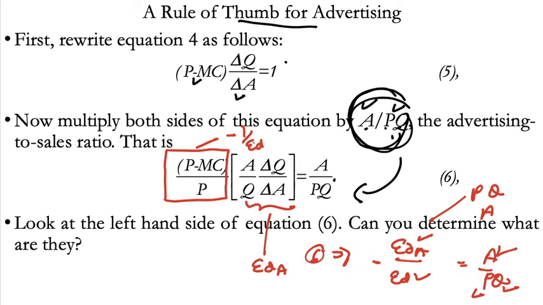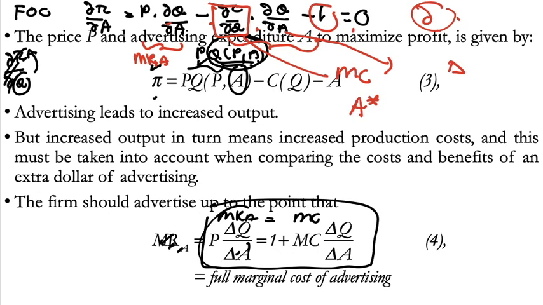So managers don't have to go through all the derivations of derivatives. They just look at this, the rule of thumb for advertising. That can help them to find the right amount of A so that they can maximize profit. Now, this rule of thumb can be used to maximize profit. Why? Because it has been derived from the profit maximizing derivation here.